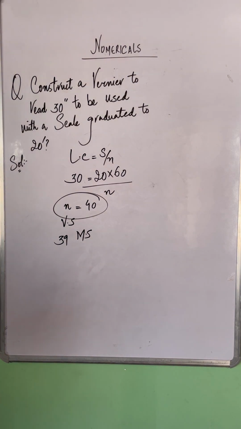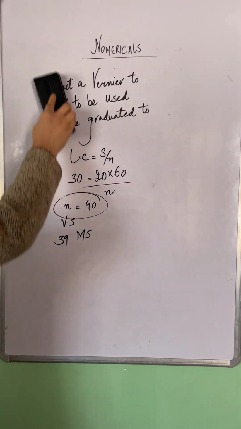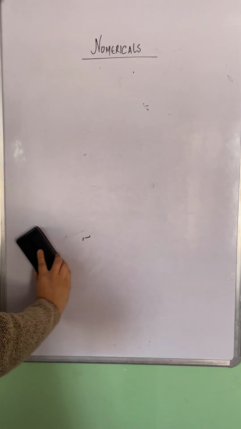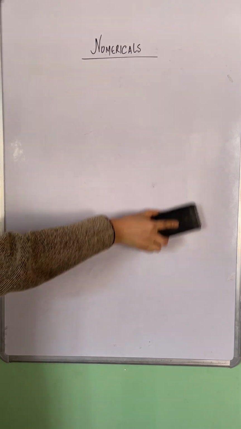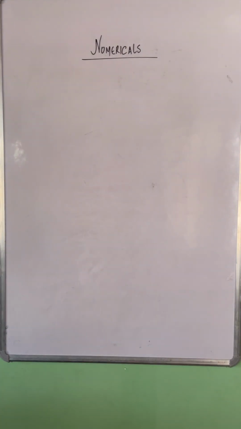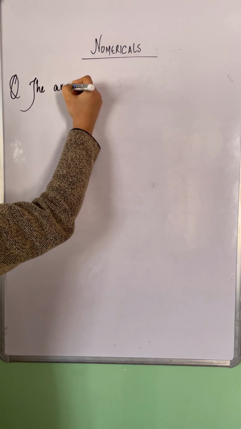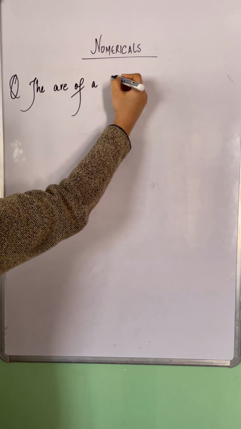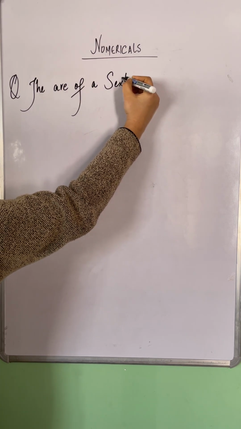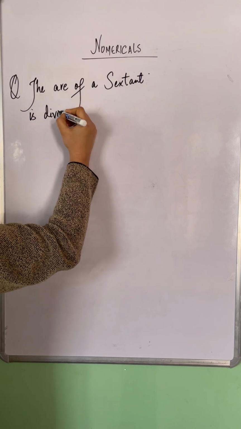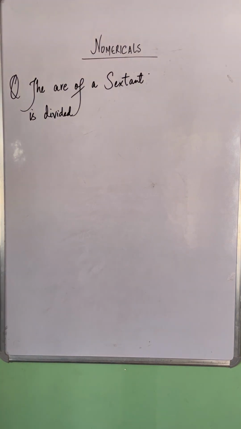Let's do another question. The question is, the arc of a sextant is divided to 10 minutes.